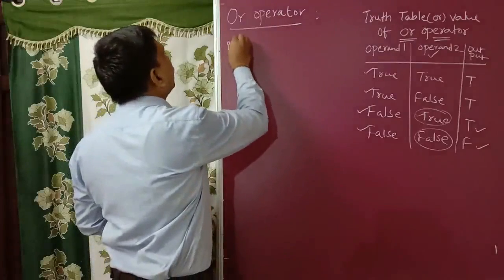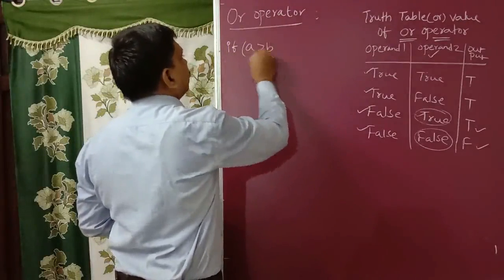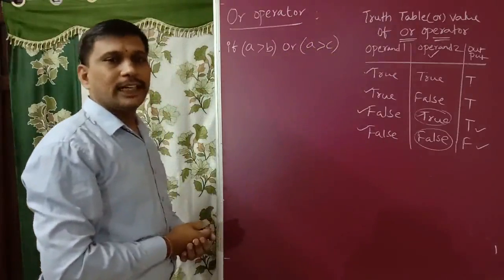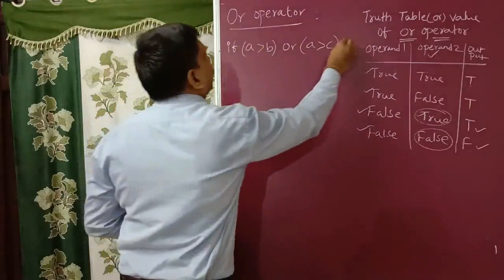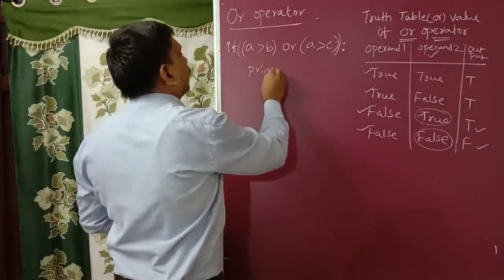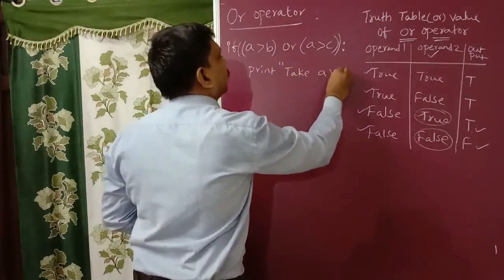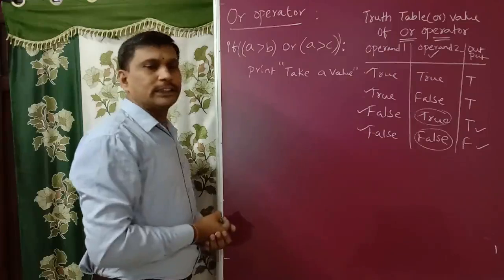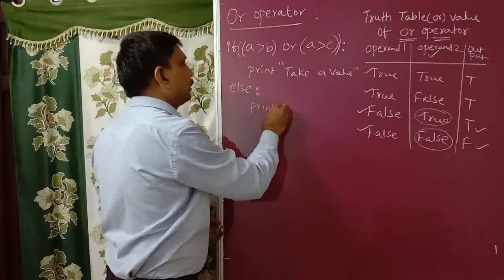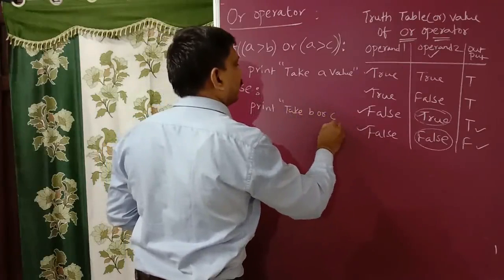I am taking one example: if A is greater than B or A is greater than C, print "take A value"; else, print "take B or C value".